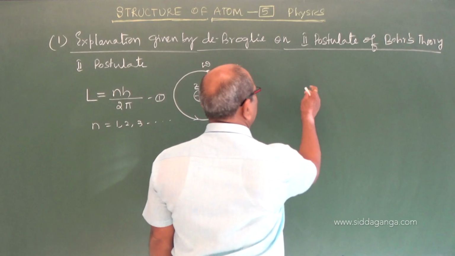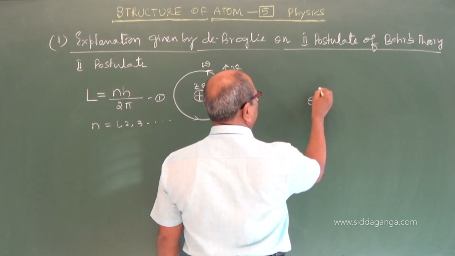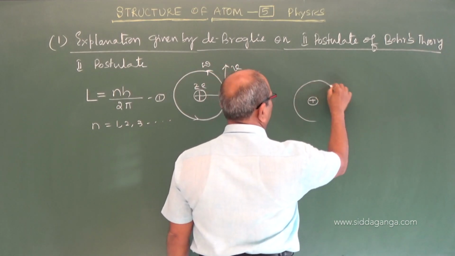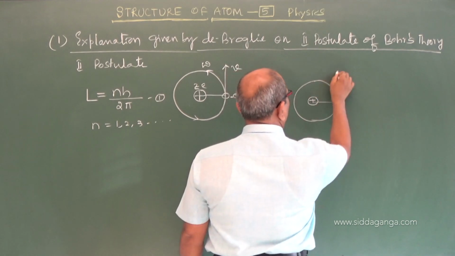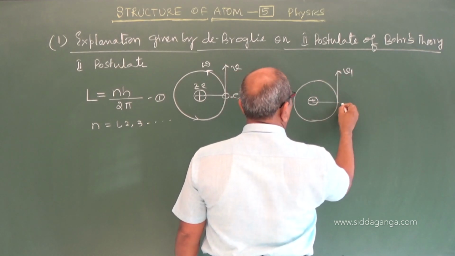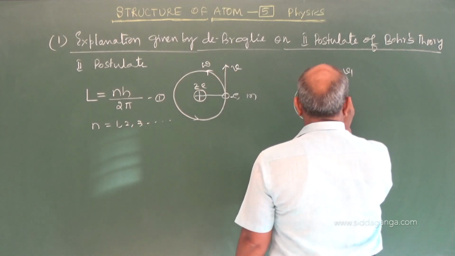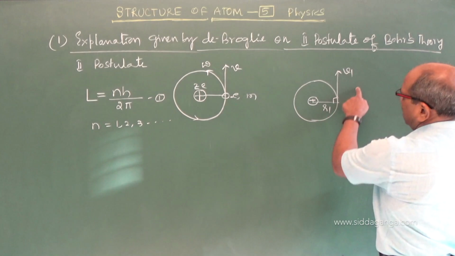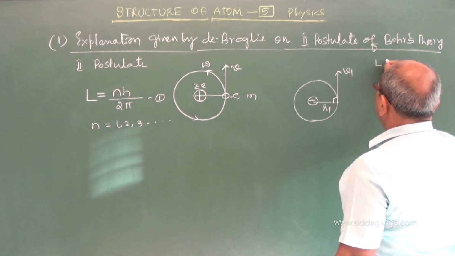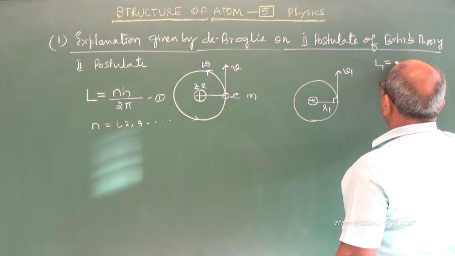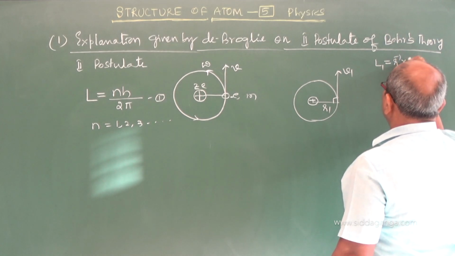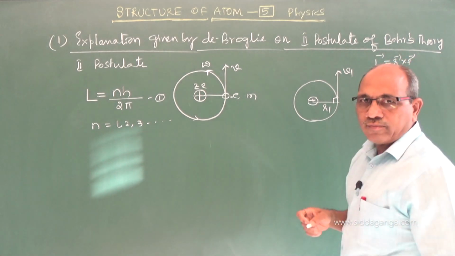Now when you see the first orbit, for example, with velocity v1 and radius r1, the angle between v and r is 90 degrees. Orbital angular momentum L1 is r cross p, which you have studied in first year.